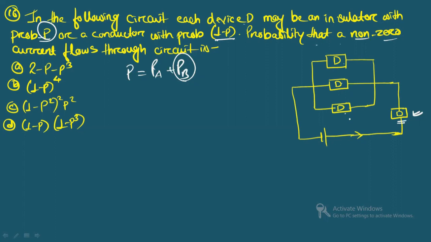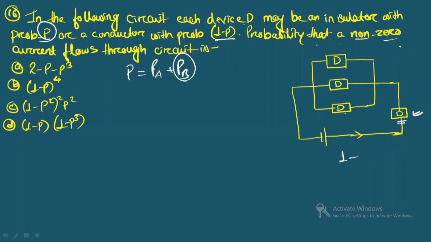It can be two also, it can be three also, but only one needs to be a conductor for this circuit to give you a non-zero current. Now when we are talking about at least one being a conductor, we are subtracting from 1 the probability that none of them is a conductor, right? Because we know probability is what?